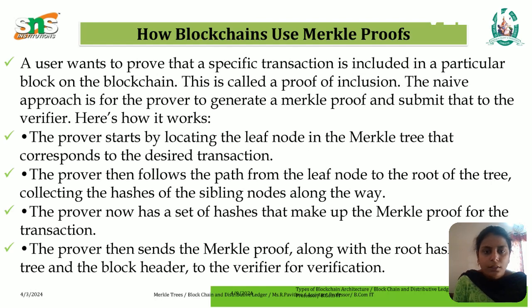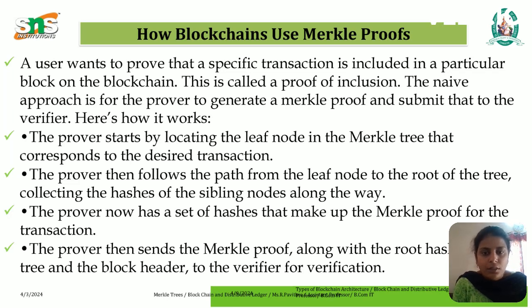The next one, how blockchains use Merkle proofs. A user wants to prove that a specific transaction is included in a particular block on the blockchain. So this is called a proof of inclusion. The naive approach is for the prover to generate a Merkle proof and submit it to the verifier.